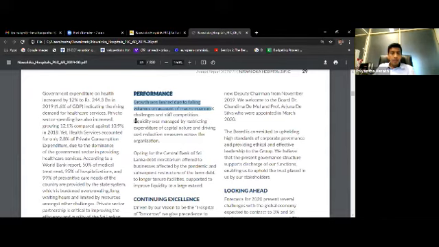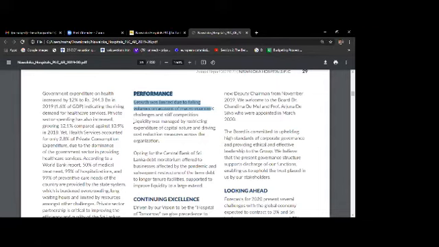The next important point is that liquidity was managed by restricting expenditure of a capital nature. How did they manage liquidity during this year? Restricting the capital expenditure.